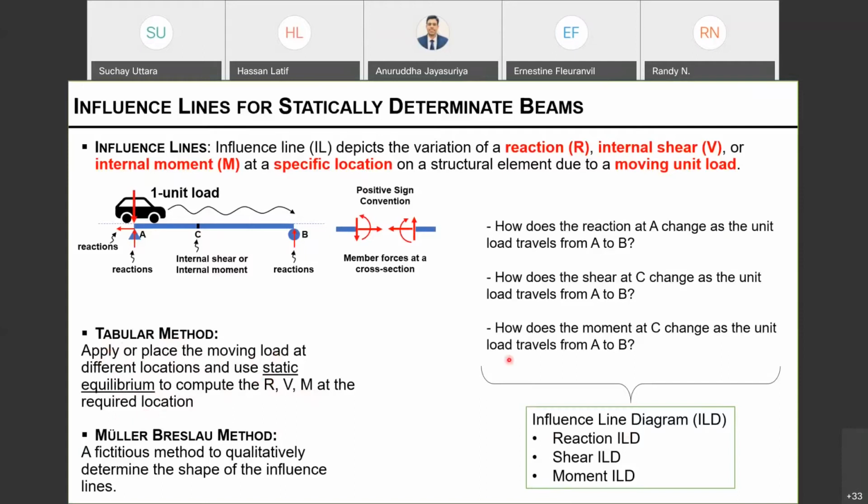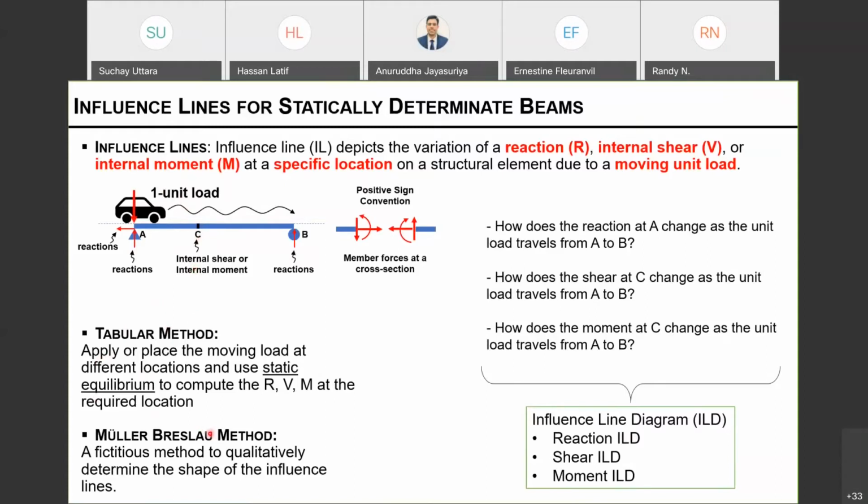Similar to what we have discussed here. So essentially, we place a moving load, let's say at A, and then place it at different locations and see the effect or influence at a particular location on the beam. And the variation will give us the influence line diagram, right?